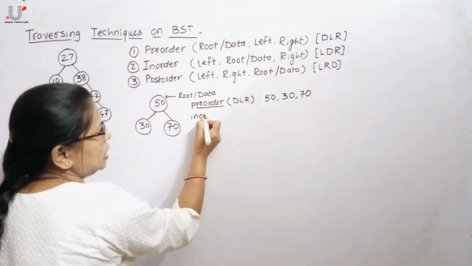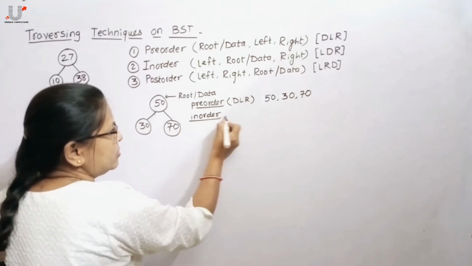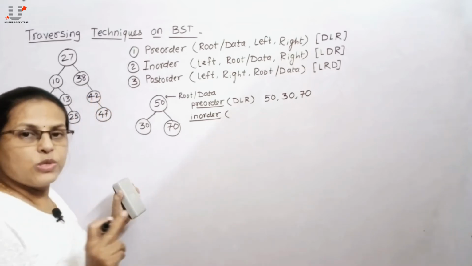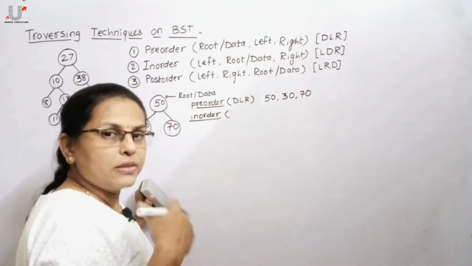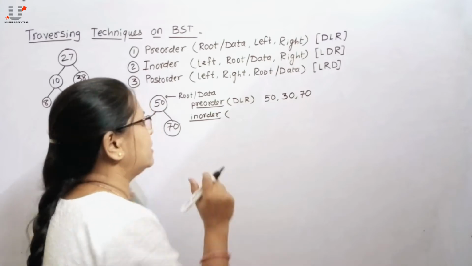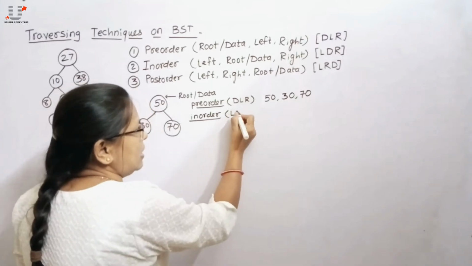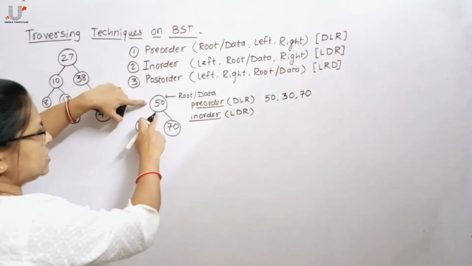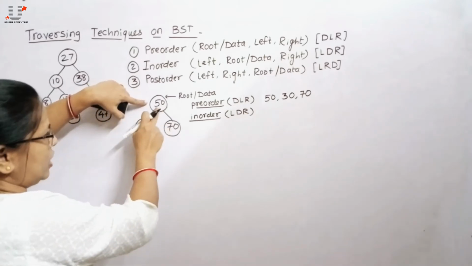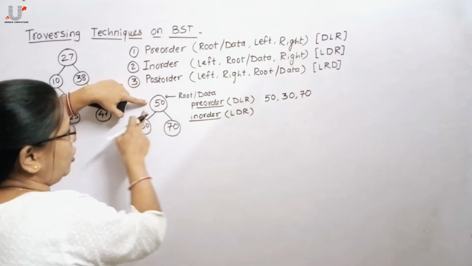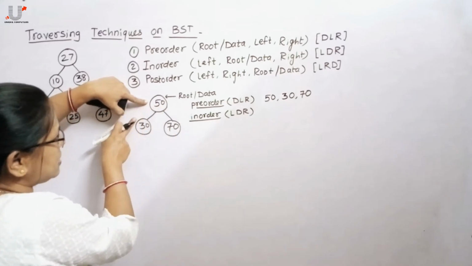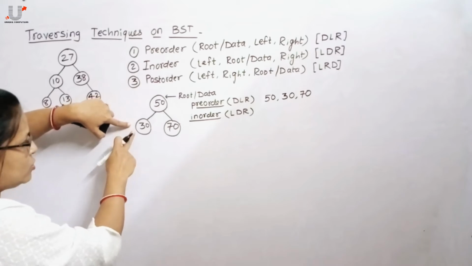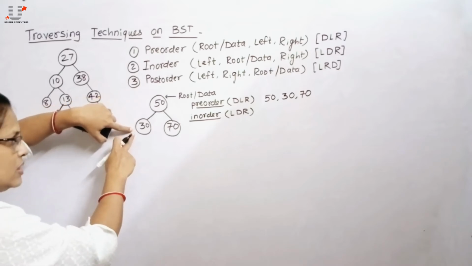Next is in-order. In-order means it first processes the left subtree, then the data part, and then the right subtree. That means L, D, and then R. Again execution starts from the root node. It applies LDR on this 50. As it has an unprocessed left subtree, control transfers to this 30.